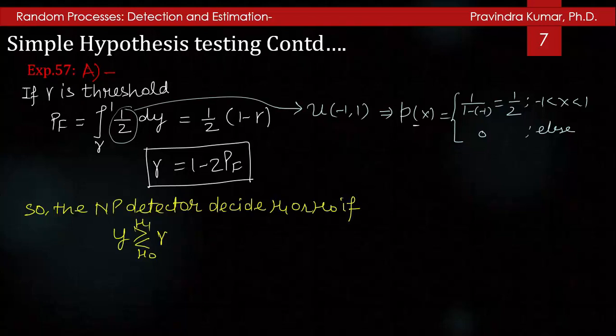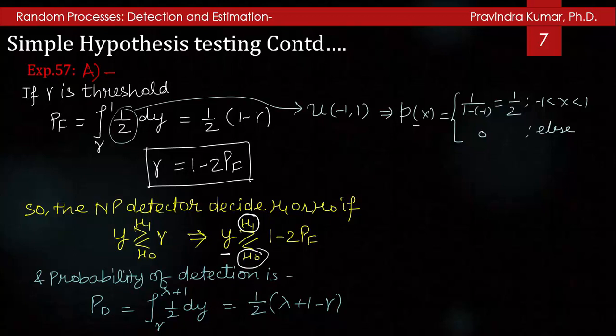decides H1 or H0 if Y is greater than or less than gamma, or you can write Y greater than or less than 1 minus 2 PF. This means when the value of Y is greater than 1 minus 2 PF, we will decide H1, and when the value of Y is less than 1 minus 2 PF, then we will decide H0.